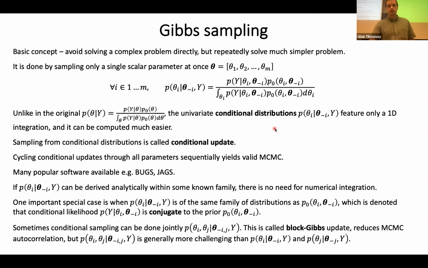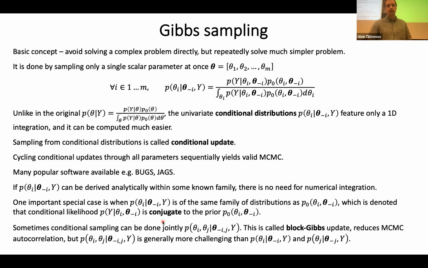However, these generic algorithms don't really consider that in some cases these conditional distributions can actually be derived analytically from within some known family, so that there is no need for numerical integration at all. One important special case of such analytically possible derivation is the so-called conjugacy between the priors and likelihoods.